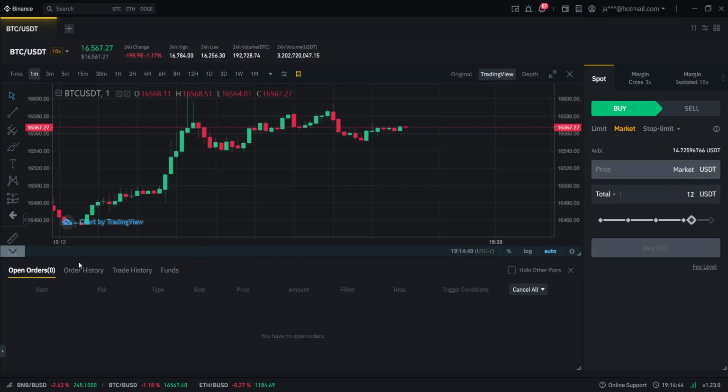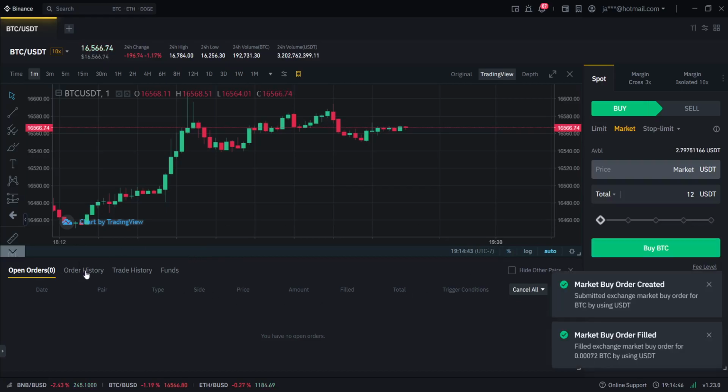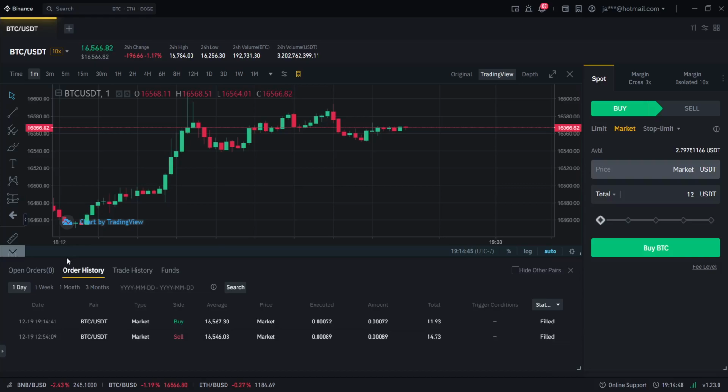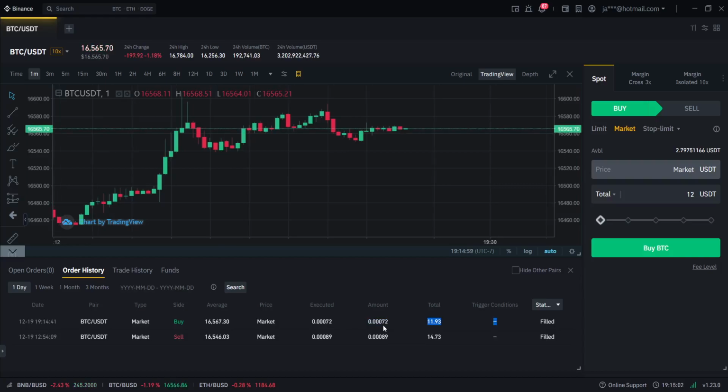And the trade is done. Now, if we look in the order history, we bought this much Bitcoin, 0.0000072, at wherever the price was at the second I pressed the buy Bitcoin button here. The $12 I bought are here.